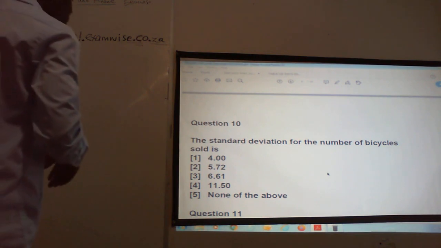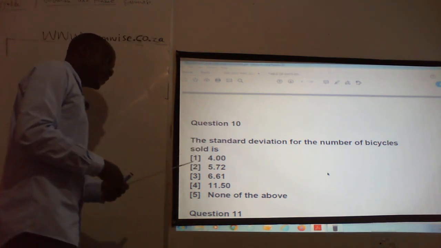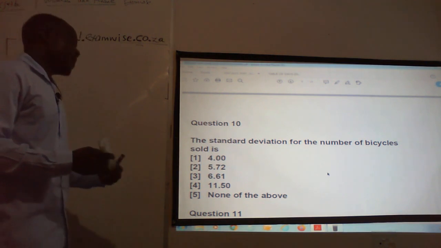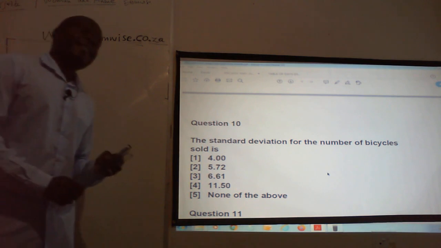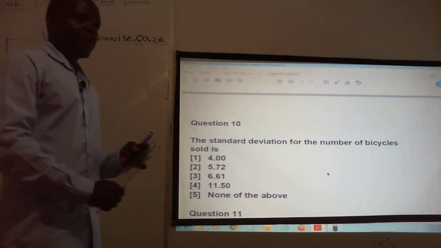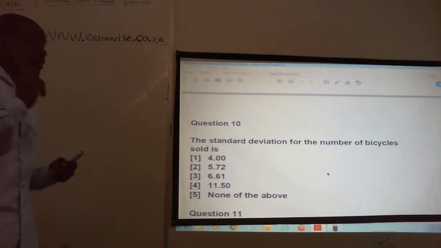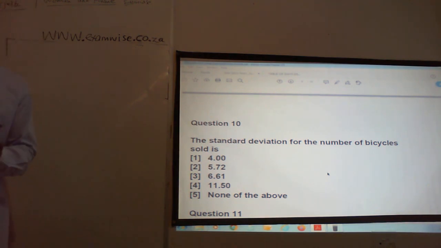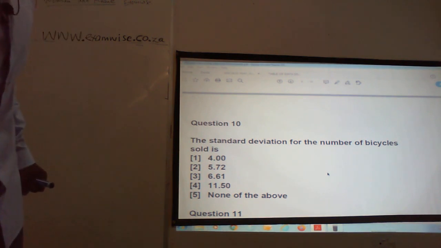So question number 10 says the standard deviation for the number of bicycles sold is. So the number of bicycles sold is represented by what?